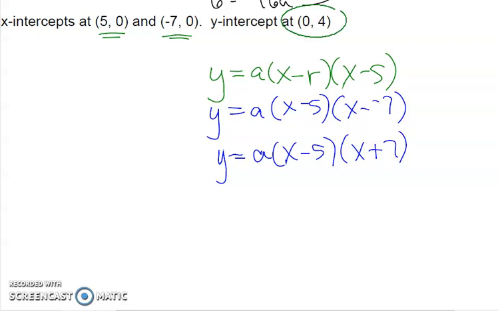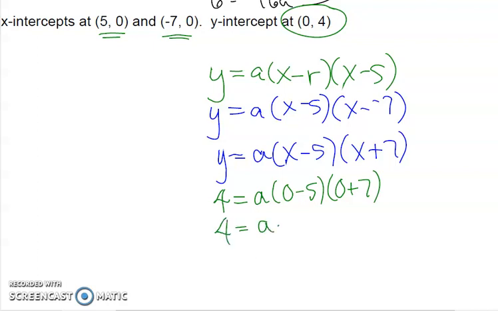We're given a point, so we're given an x value and a y value. So y is equal to a times 0 minus 5 times 0 plus 7. So 4 is equal to a times -5 times 7. So 4 is equal to -35a. To finish the problem off, we'll divide both sides by -35, so we get the value of just a single a.